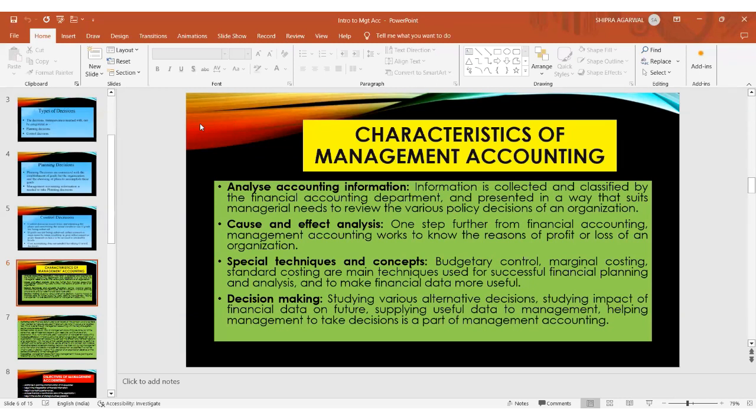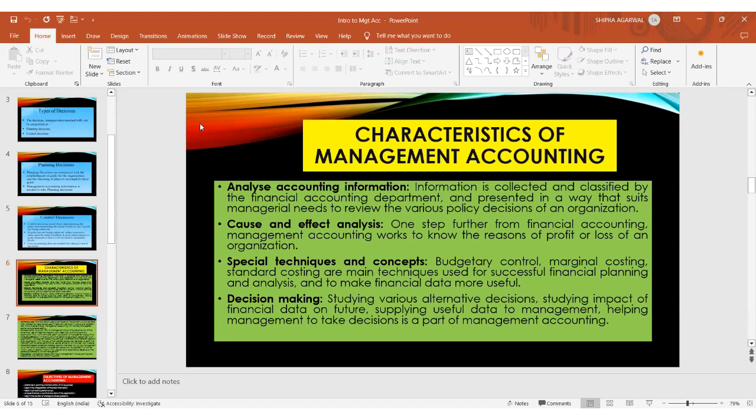Once we collect the information required for decision making, that means we acquire it, then we classify it based on certain parameters, and then we present it in such a manner that it will suit the requirement of the people who have to deal with it, so that they can take required decisions for the organization.